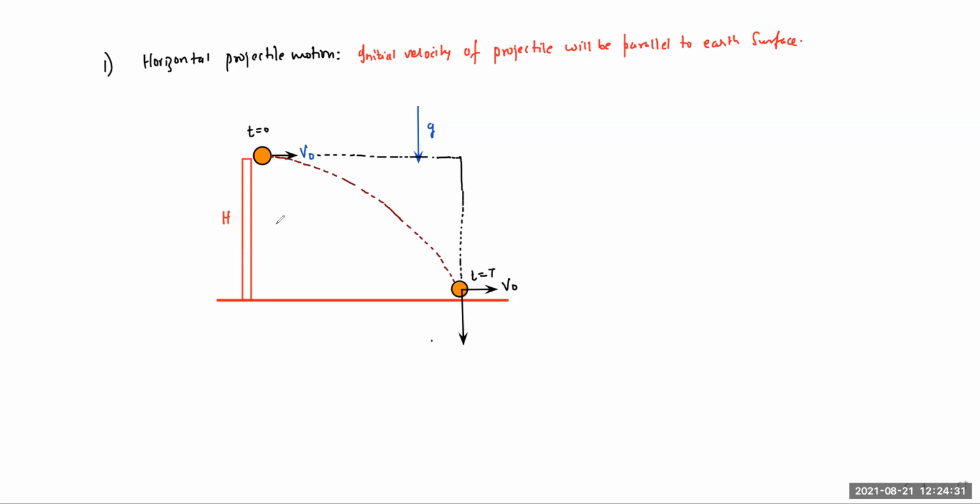So what do you expect here? Exactly the same. So V naught does not matter. This is what we need to realize. Understood? V naught does not matter.